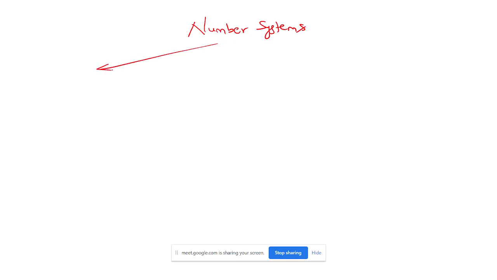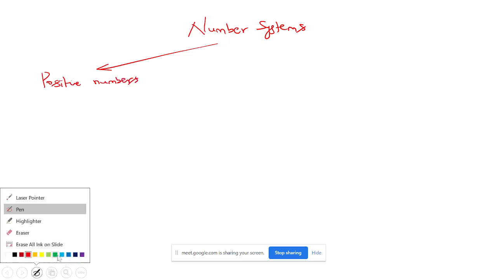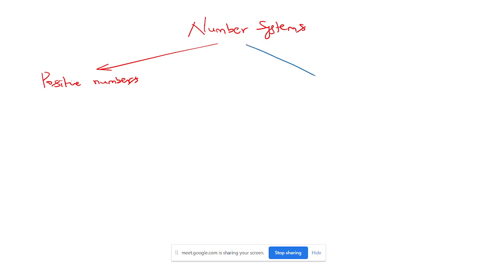So first thing is you have something called positive numbers, and the other one that you have is negative numbers. Right. Two types. So there is no special representation for the positive numbers. No special representation.